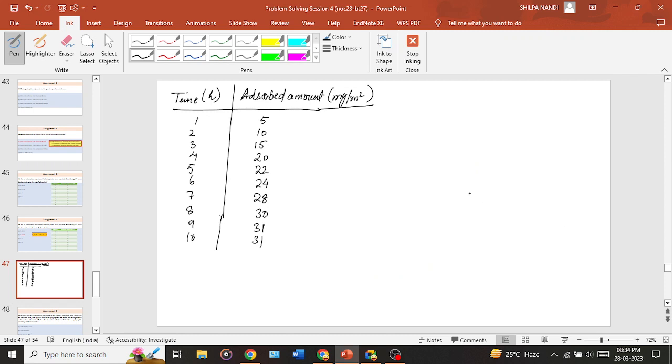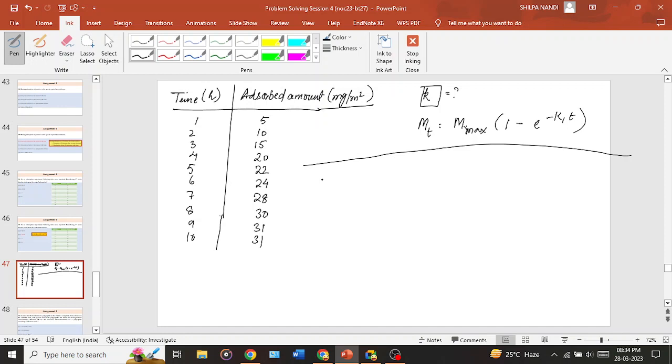So what we will do is find the rate constant, that is k, based on this particular equation: Mt = M max (1 - e^(-k1 t)). At t equal to 1 hour, what must be the Mt? Mt value will be 5, right?